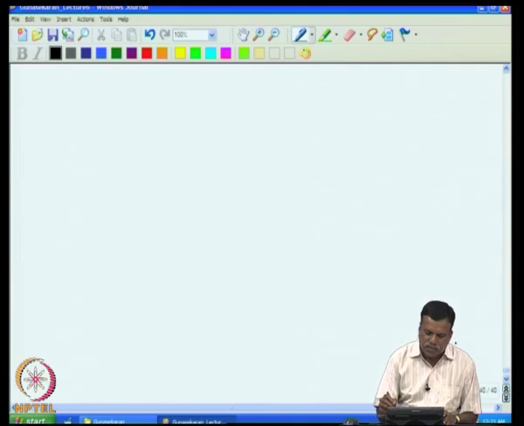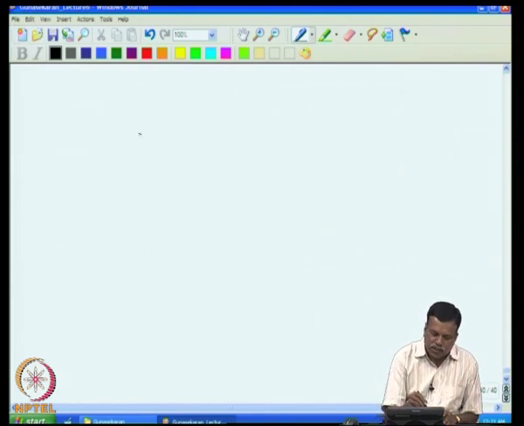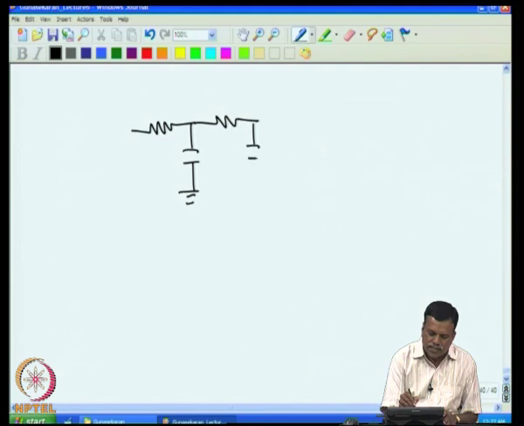In any control system, we have to see what the electrical equivalent of the control system is, or in this case the electrical equivalent of this temperature controller. I can show the electrical equivalent like this: you have one RC system, then I have another RC, say R1 C1 and R2 C2.